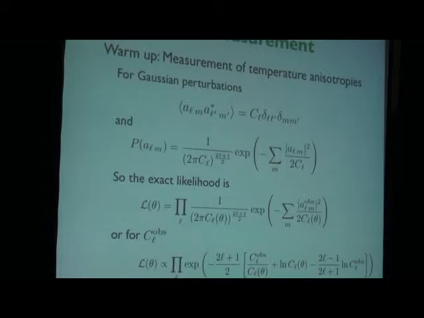And then what you get is a likelihood that looks like this. One point to notice is that it's Gaussian in terms of the ALMs. It's not Gaussian in terms of the CLs. For the observed CLs, it's a chi-square distribution with 2L plus 1 degrees of freedom. This will be relevant in a little while.